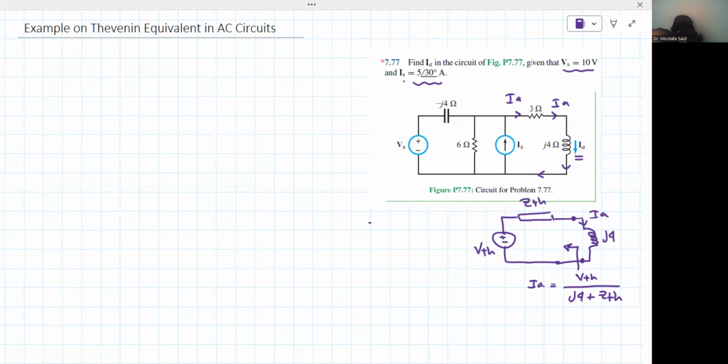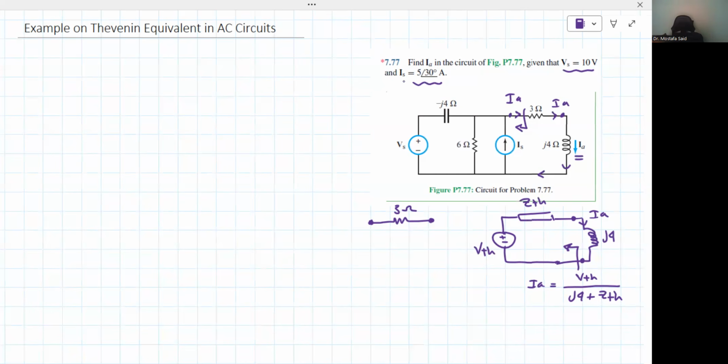Here is the 3 ohm resistance, and here are the two terminals of that resistance. If we look from the perspective of that resistance, from its two terminals, we should also find a Z Thevenin and V Thevenin, generally different from the V Thevenin and Z Thevenin of the inductor.